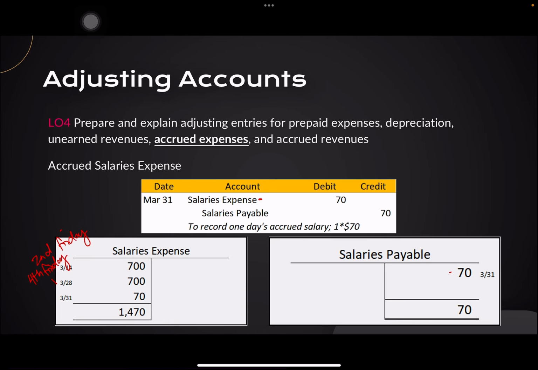However, there is again one day outstanding for the month of March that you haven't paid yet, this March 31st. So this March 31st will be paid, the salaries payable. This will actually be paid on the second Friday of April because that is what the policy says.